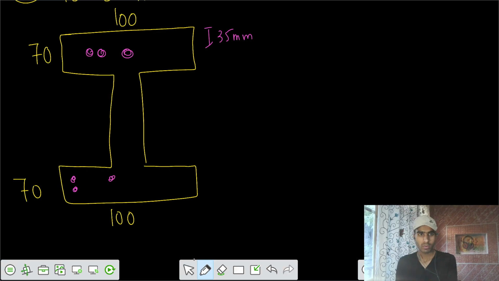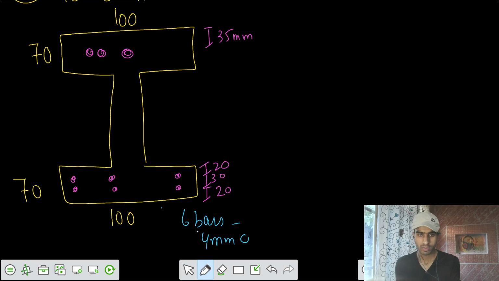1, 2, 3, 4, 5, 6, and the distance of them is, this one is 20, after that we have 30 center to center, after that we have 20. This is 70, and these are 6 bars of 4 mm diameter.